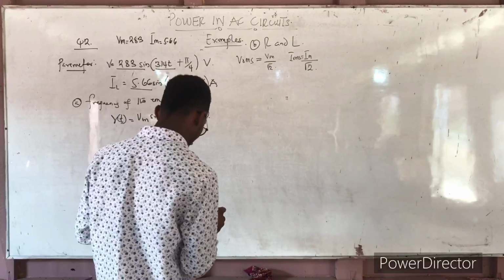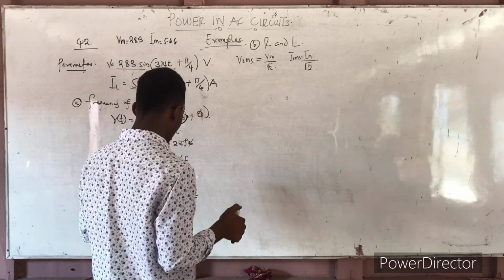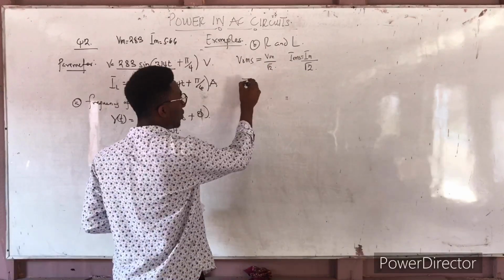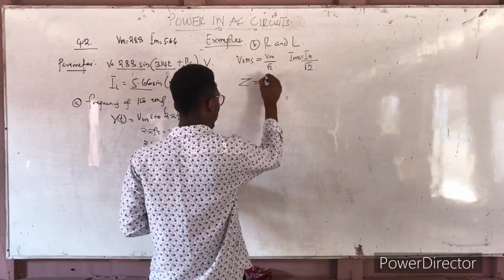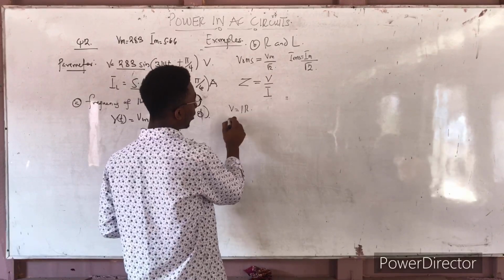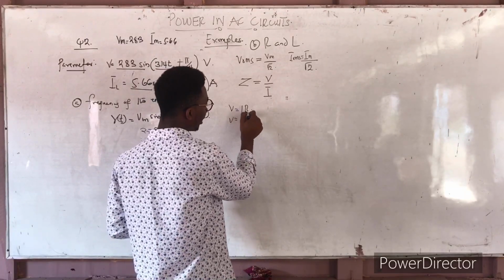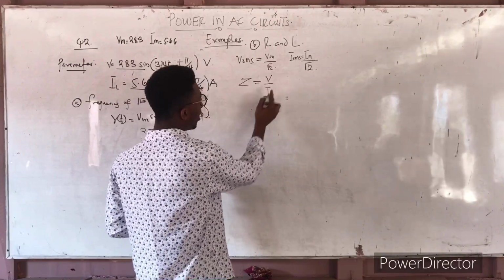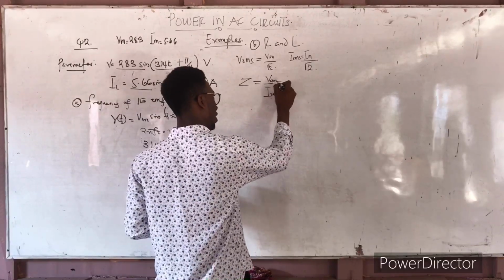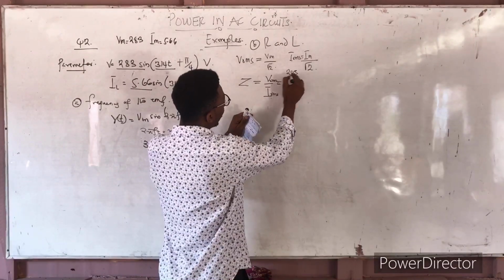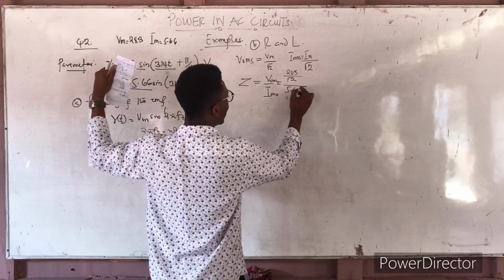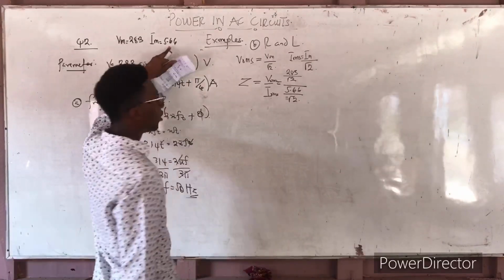To get the reactance and the inductance, we need to find the impedance, which is simply equal to V on I, because from V equal to IR, V is equal to IZ, where the resistance here is impedance in an AC circuit. Now this V is VRMS and this I is IRMS. So this will give you 283 on root 2 divided by 5.66 divided by root 2.